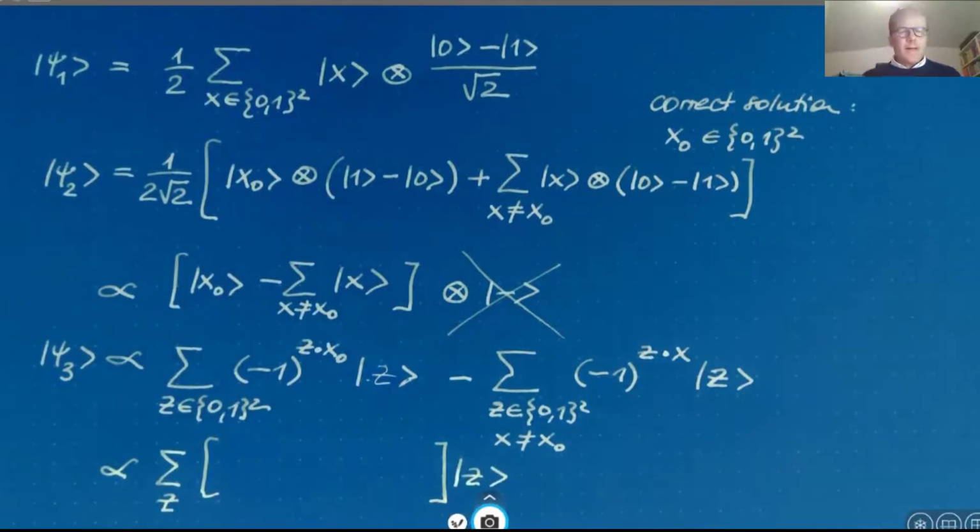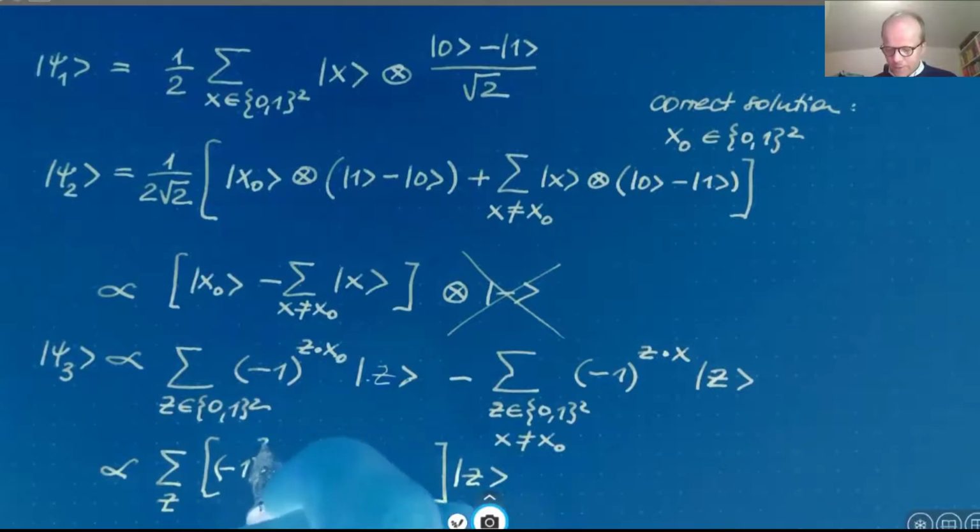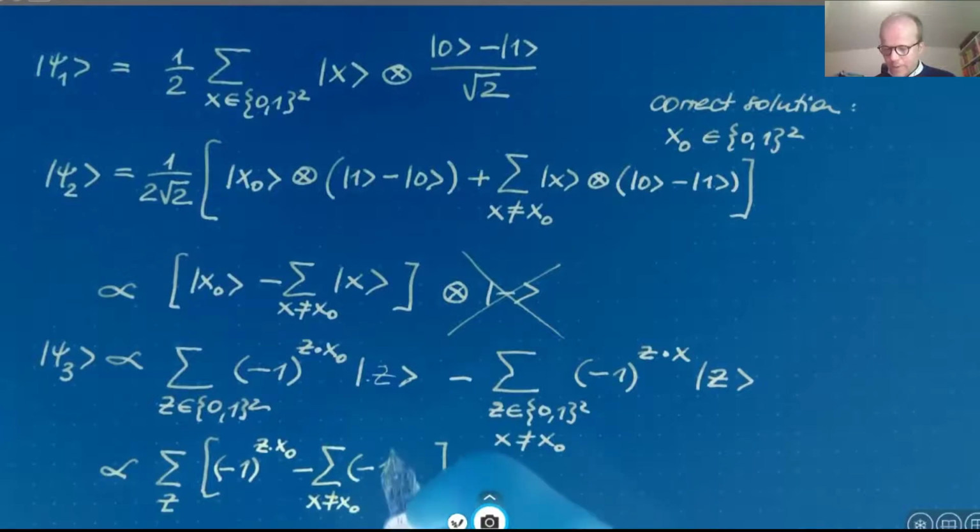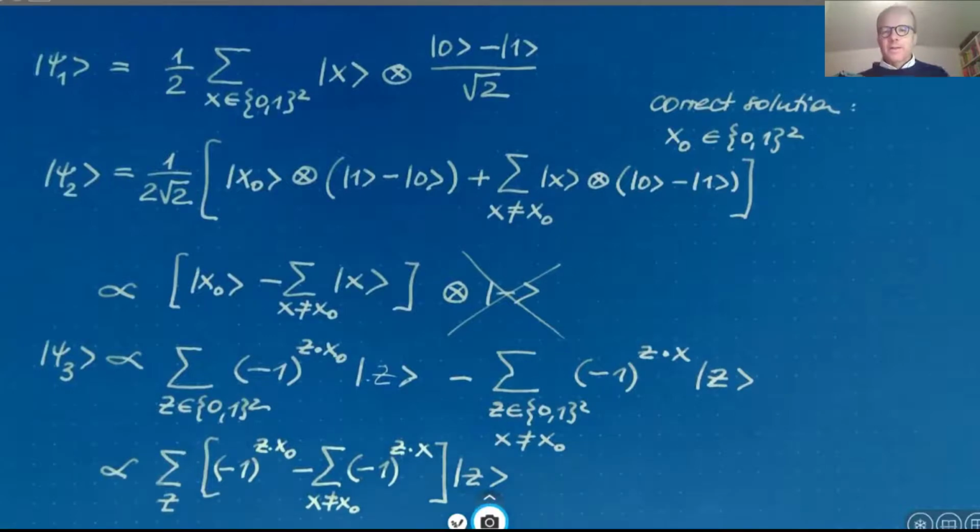And what's left in the square bracket is the -1 to the power z dot x0, minus the sum over all the other x's of -1 to the power z dot x. Okay, so this is the state after the next round of Hadamard transformations.